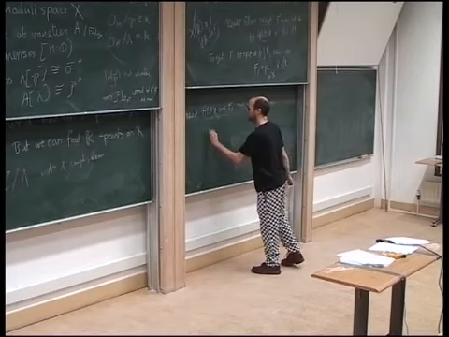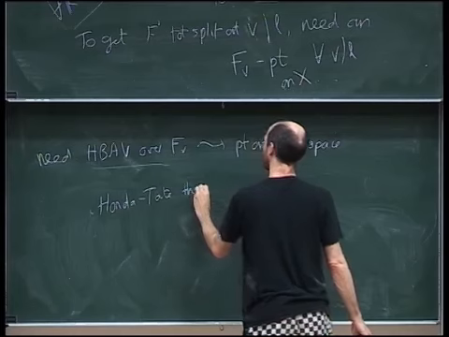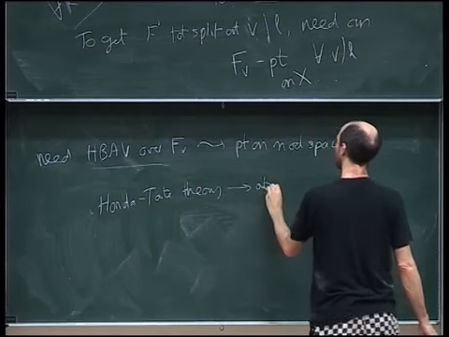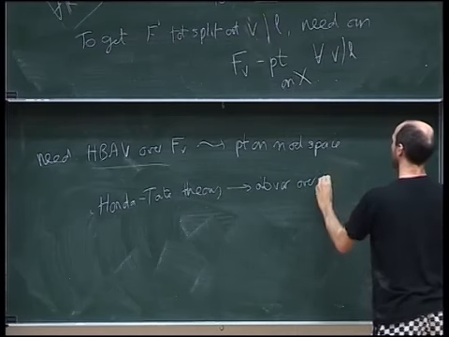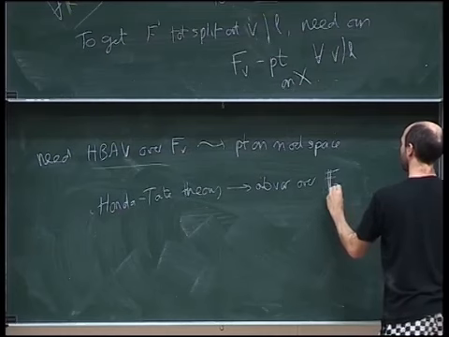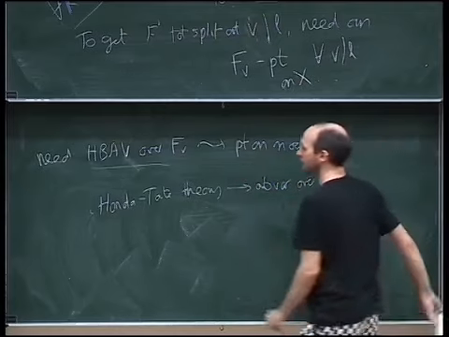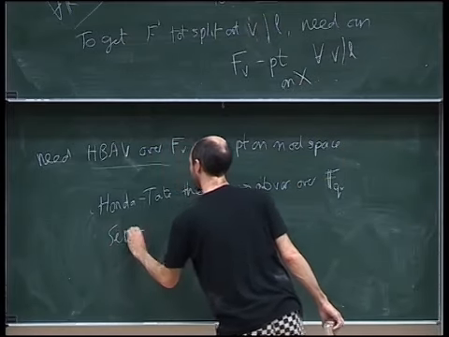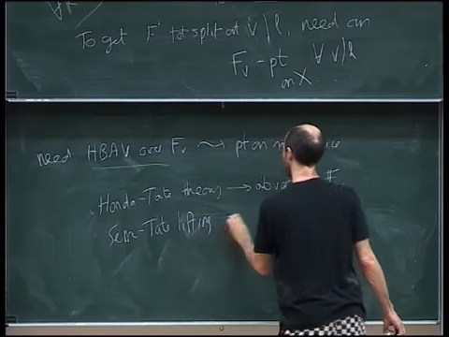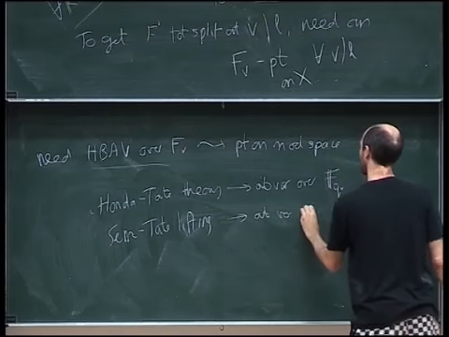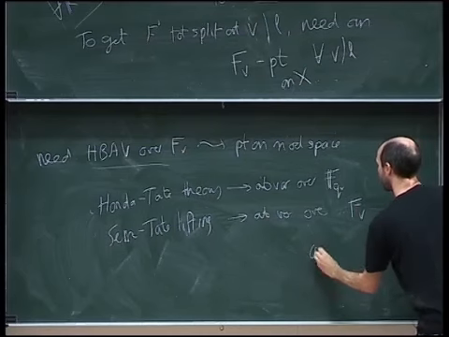You use Honda-Tate theory. It gives you an abelian variety over F_q_v, I think it was called, the finite field, the residue field of this, and then you use Serre-Tate. Careful application of Serre-Tate lifting gives you an abelian variety over F_v on the moduli space.